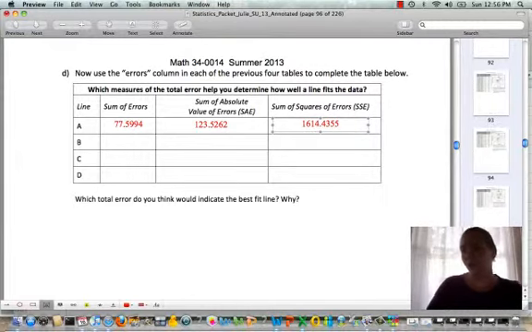Again, you can go through these calculations on your graphing calculator or in Excel, and then check your calculations with mine. You can see if I made any errors.